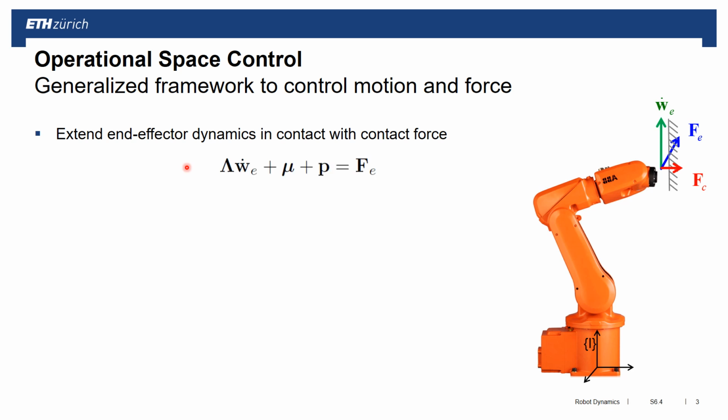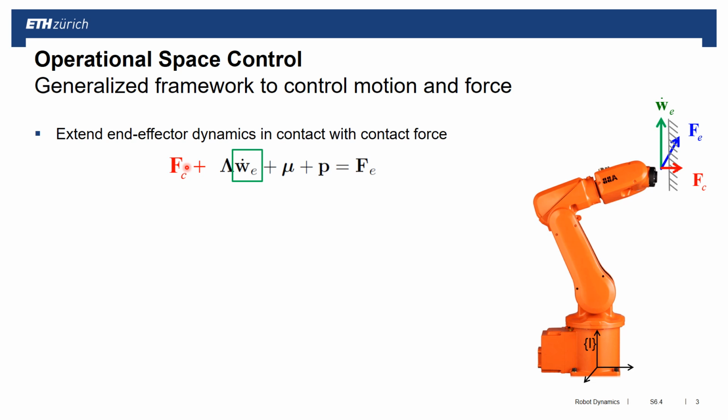We had this formulation, lambda times end effector task space acceleration plus mu plus p equal to these task space forces, which is the motion, and what we add now on top of that, since certain directions are force controlled, is a contact force.